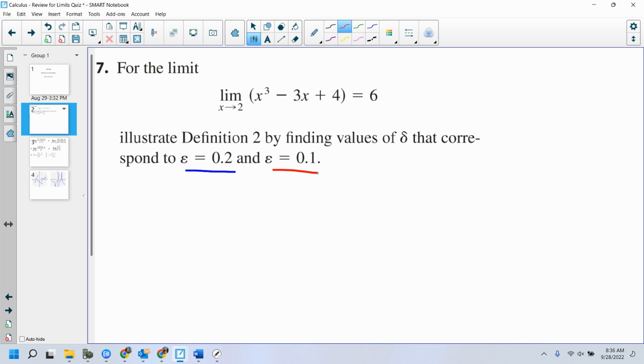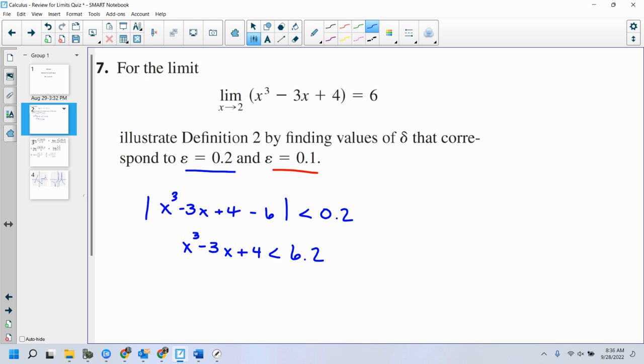All right, so what does that mean? That means that I want to say the absolute value of x cubed minus 3x plus 4 minus the true limit is less than, we'll start here with 0.2. Which means I need to fall between 6.2 and 5.8.